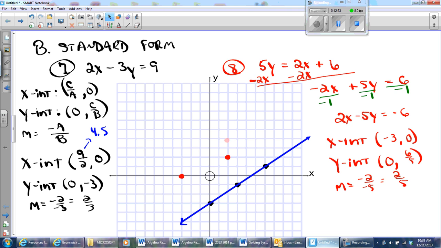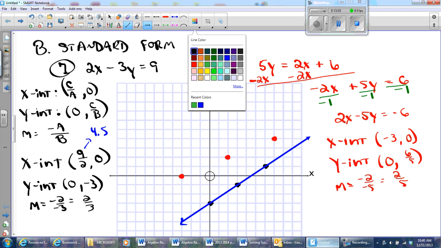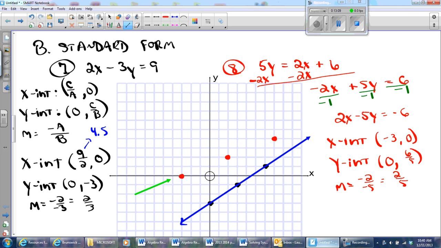And then I'm going to rise 2 and run 1, 2, 3, 4, 5. And there we go. Get my line going here. And I think I'm doing that one in green. There we go. And there's that line. Okay. So there we are.